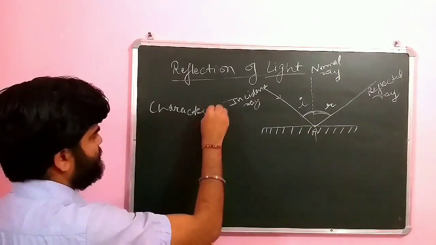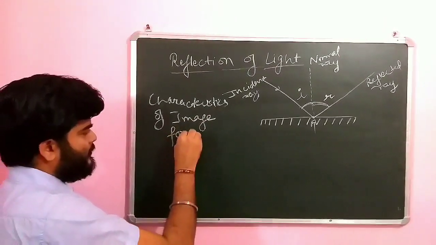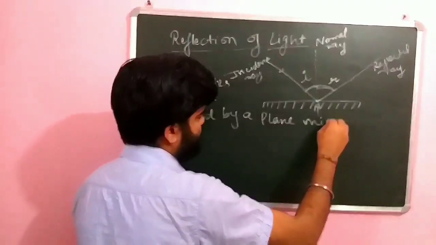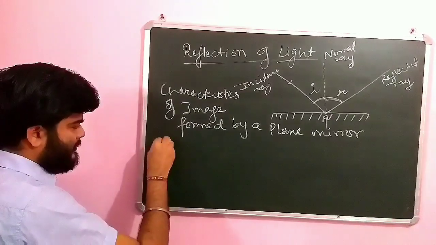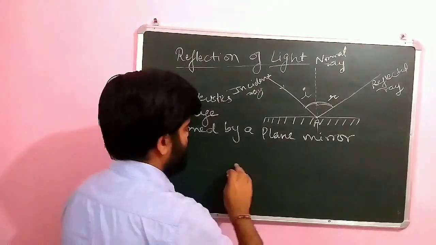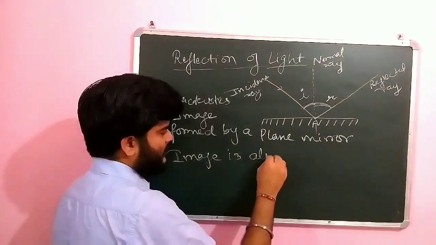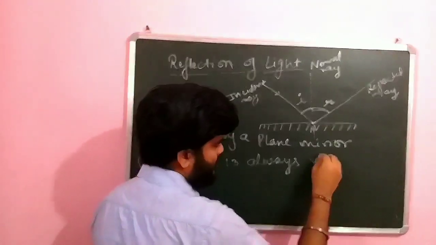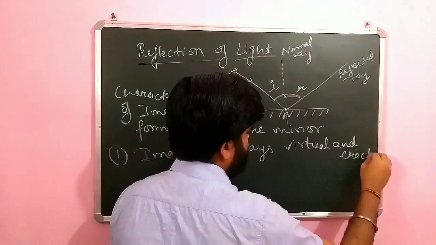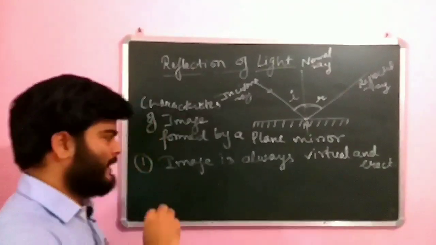See, the first thing you must know is that since one side is polished, the image will always be virtual and erect. Image will never be real, it will always be virtual and erect.